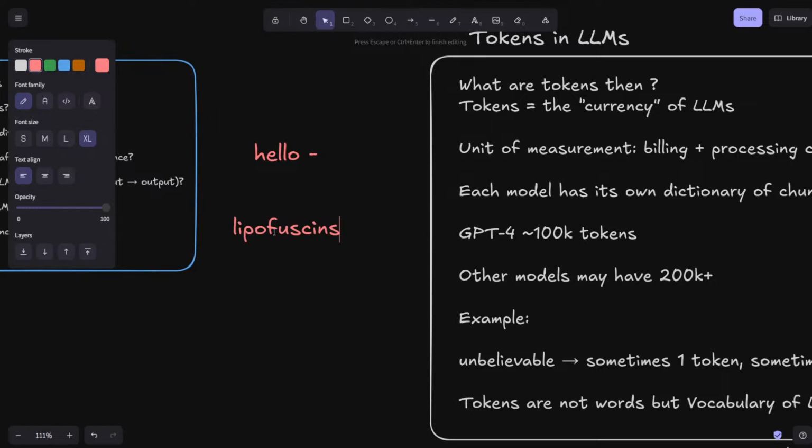So how will LLMs be able to understand it? It will try to divide this word. Even then, it may not be able to understand it, so it will divide it again and try to make sense of the pieces. Here, it was able to make sense of this because this word comes up a lot of times in the training, but this one does not. So it is going to divide this word into a lot of parts, and then designate them as tokens.